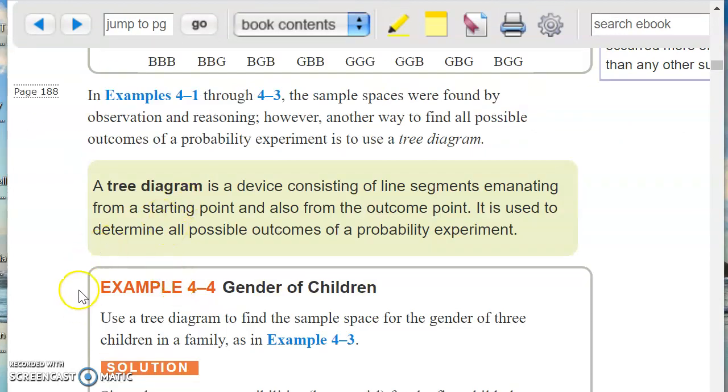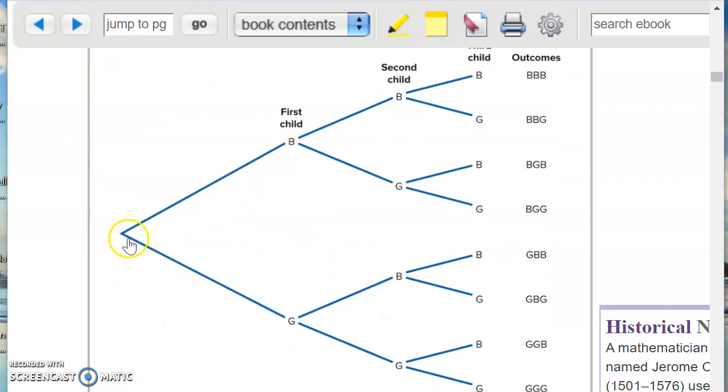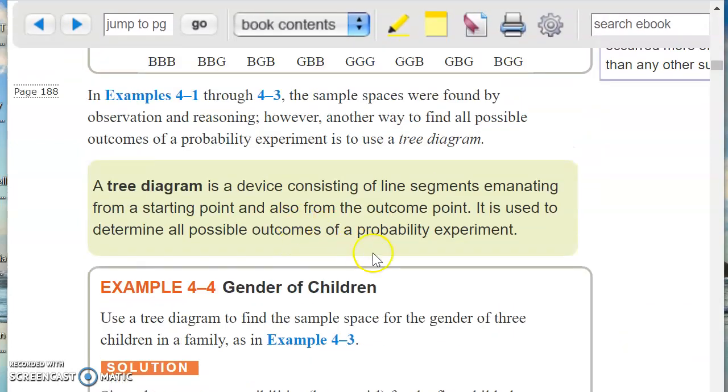It's a device, or a way of figuring this stuff out using what are called line segments. So a line segment, this is a line segment. A line, as you probably know, goes on forever. A segment is a portion of the line. So that's why we're calling these line segments. So the line segment, emanating means coming from.